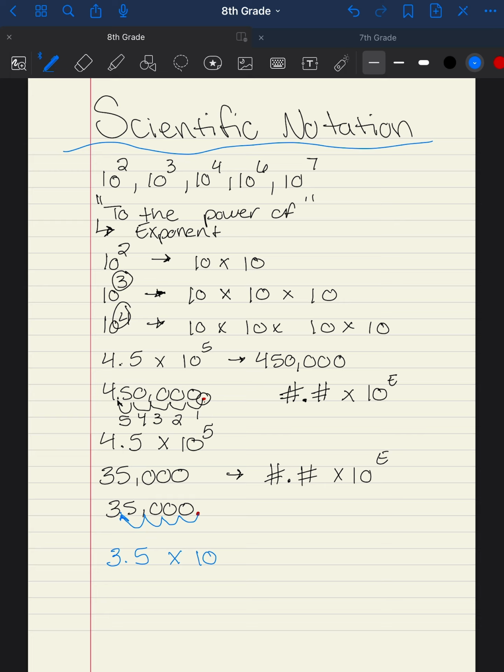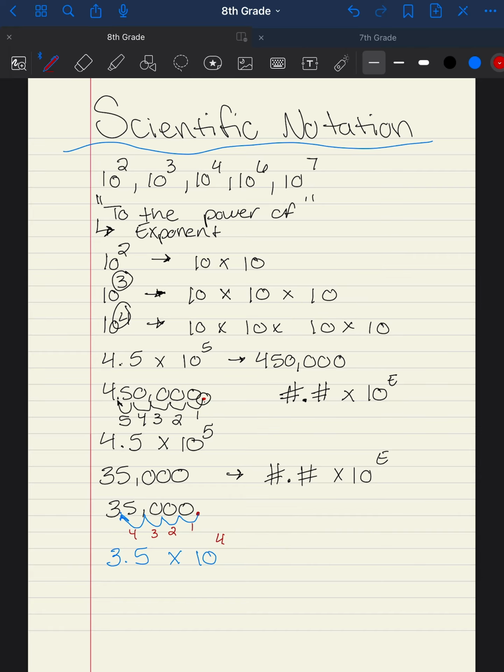Now I'm trying to find my exponent. What was my exponent again? Right, it's the amount of times I move my decimal. How many times do I move my decimal? Let's count. 1, 2, 3, 4. I move my decimal 4 times. So my exponent is going to be 4. That's it. That's all it is.